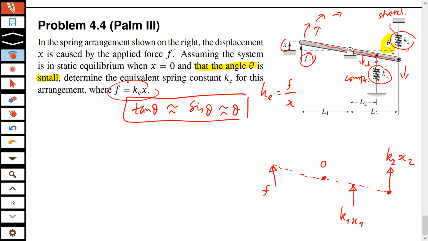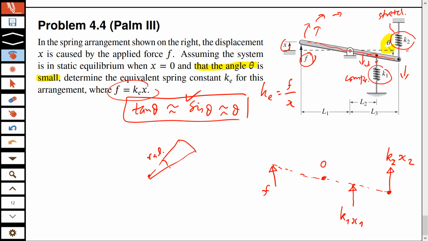Now the point is, what is x1 and x2? Now we will see the advantage of this. So if we have a triangle now, if this is the pivot, now because this is a rotational motion, you know that in rotation, if you have a center and you move a little bit, you have the radius here, and that radius multiplies the angle.